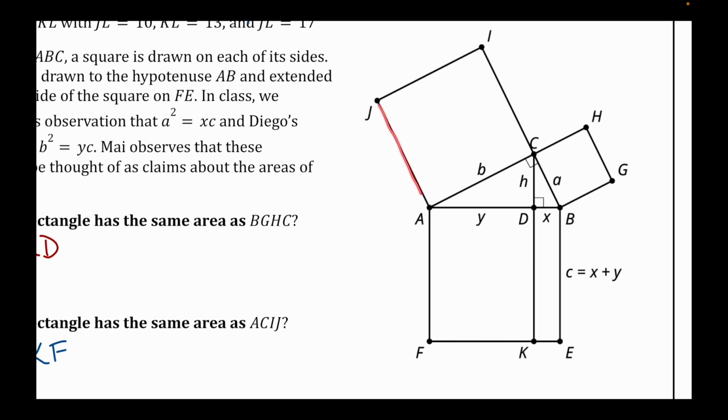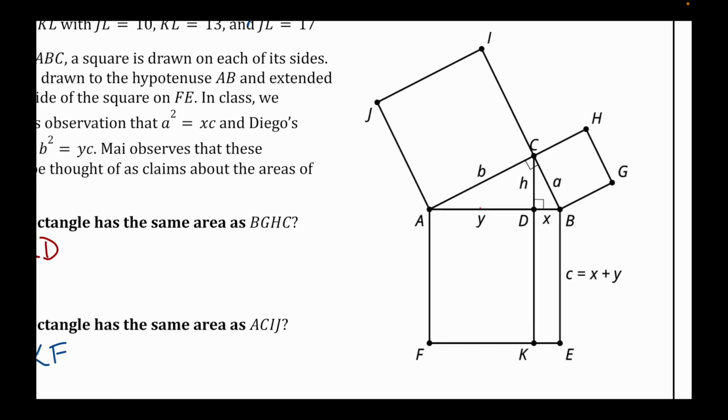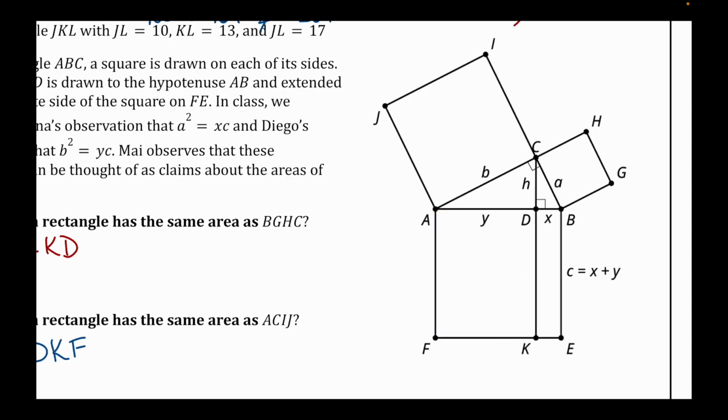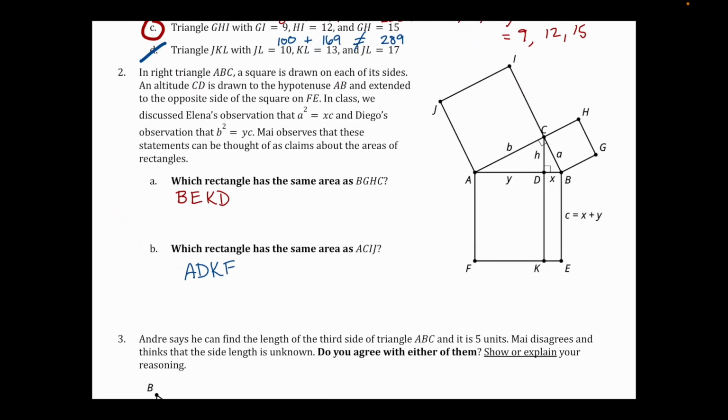And then b squared would be the area of this square, b by b. That was equal to y times c. So y is the width of this one, and then the height is still c. So they do have the same area, they're just using different dimensions of those rectangles. So this is another way that we can look at the Pythagorean theorem visually in terms of areas.